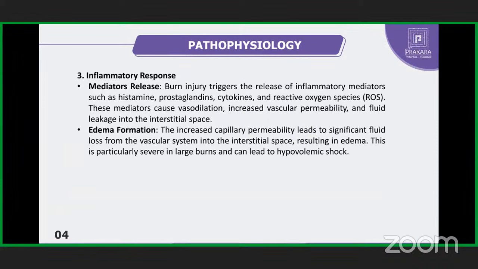This is particularly severe in large burns and can lead to hypovolemic shock. If the burn area is very big, there will be a lot of fluid loss from the vascular compartment. The fluid is lost into the interstitial space. So inside the vascular compartment, there will be decreased fluid, and this will lead to hypotension, and it will lead to hypovolemic shock.